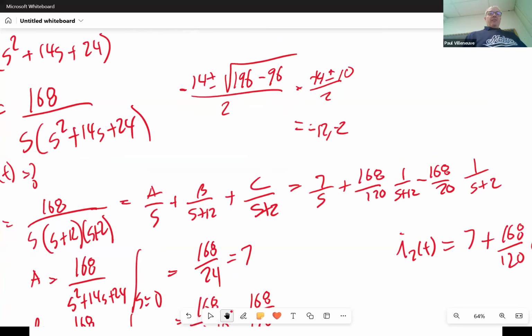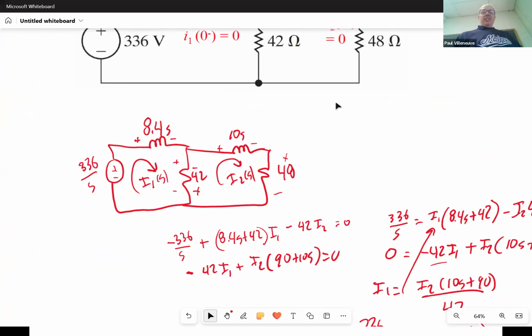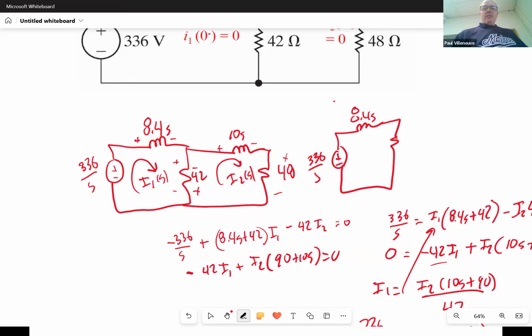I probably would have done a bunch of series parallel combinations, because that's the other thing too. If I go over here and look at my original circuit, let's say I wanted to get the voltage across the 42 ohm resistor. This is perfectly fine in Laplace world. And I'll actually show this as a box, not as a resistor, because this equivalent resistor in the Laplace domain is 42 in parallel with 10s plus 48.